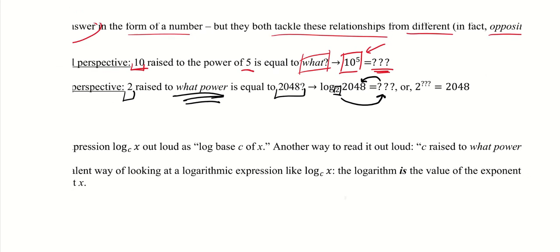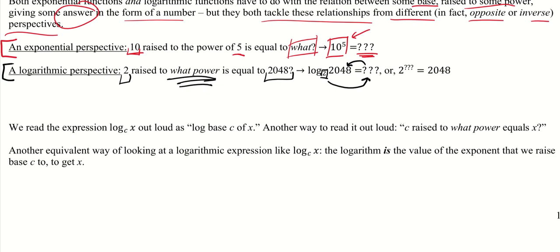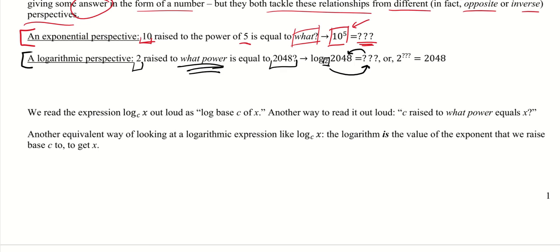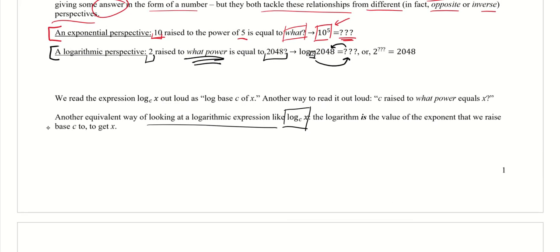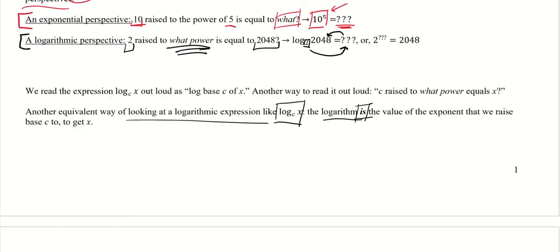That's kind of how your brain should be reading these logarithmic expressions. We've already gone over how to read logarithmic expressions out loud, and another equivalent way of looking at a logarithmic expression like log base c of x is that the logarithm is the value of the exponent that we raise base c to get x.